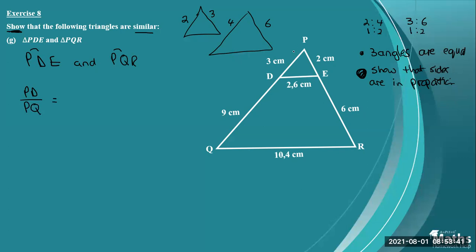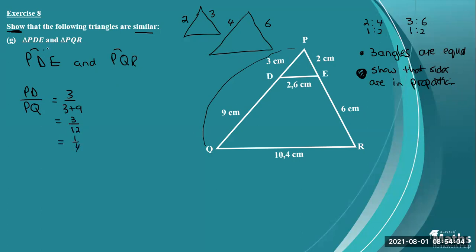So let's see, what is PD? PD is 3. And PQ is going to be that whole length there, which will be 3 plus 9 centimeters. That will give me 3 over 12. And if you simplify that, it's 1 over 4.